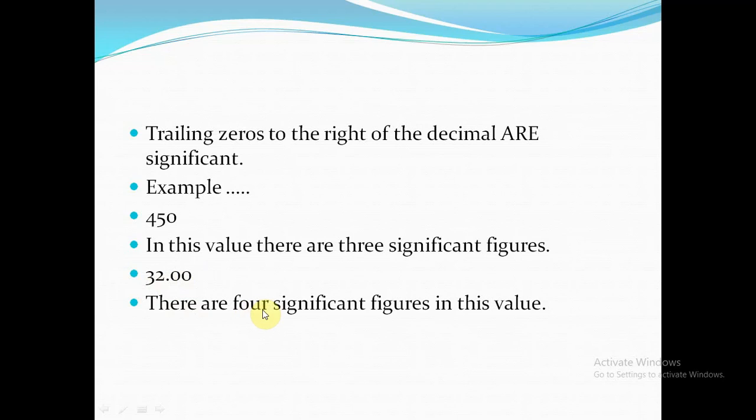There are 4 significant figures in this value, because our rule says that trailing zeros to the right of the decimal are significant. 3 is a significant figure, 2 is significant, and this 0 and this 0 both are significant figures. I think the idea would have been clear to you, what significant figures are in physics.